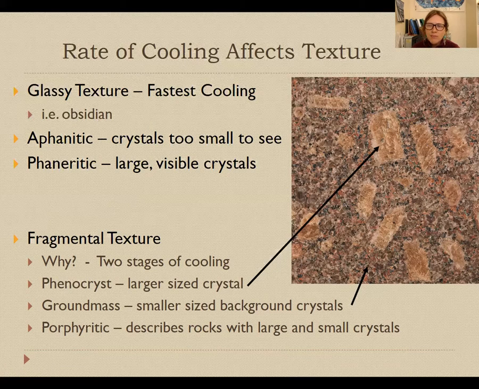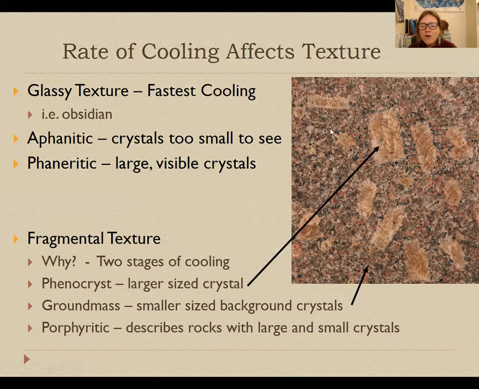So there was some sort of cooling that happened for a period of time where maybe the magma rose up kind of close to, or I don't know, to a higher position within the landscape, and it started to cool. And so certain crystals started to form, and they had a longer period of time to form. And so they got to be quite a bit bigger than the other crystals.